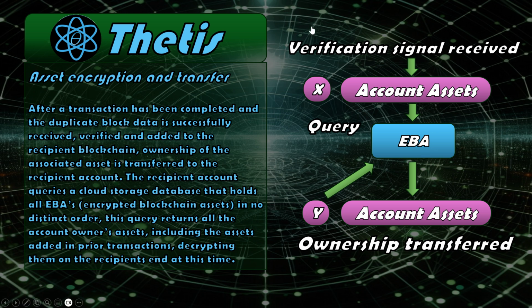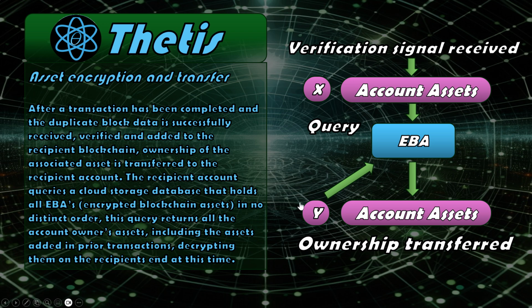So the verification signal comes back to me, I'm X, and then what happens is that, oh, this has happened, right? That I'm sending this data, this file type to you. I then dig into my account assets, which, again, is a storage account, a cloud storage account. I go and get my EBA and make a send signal to him.